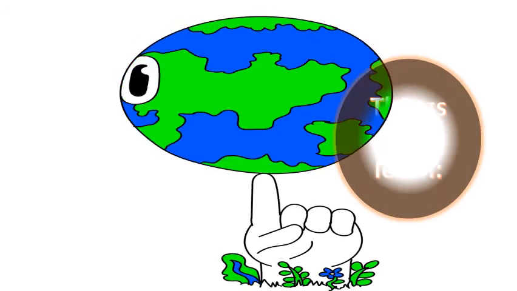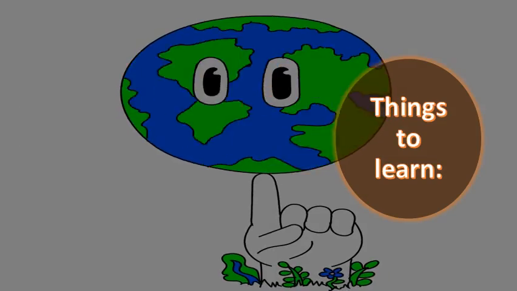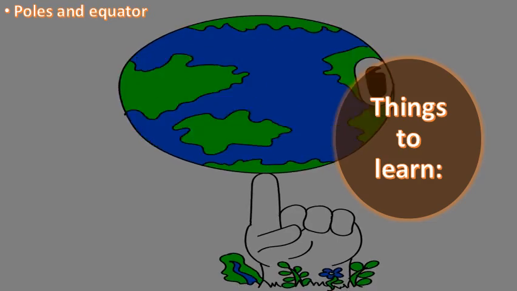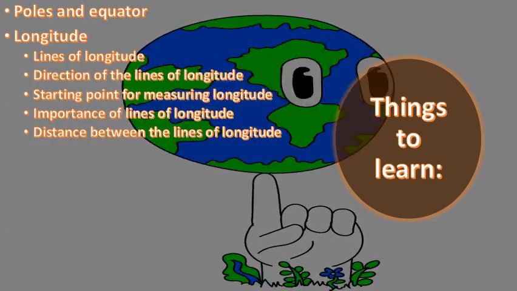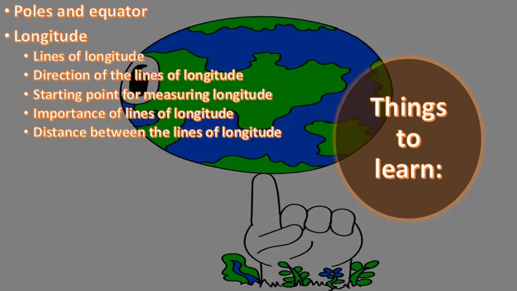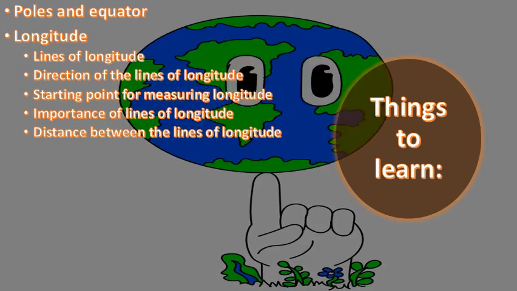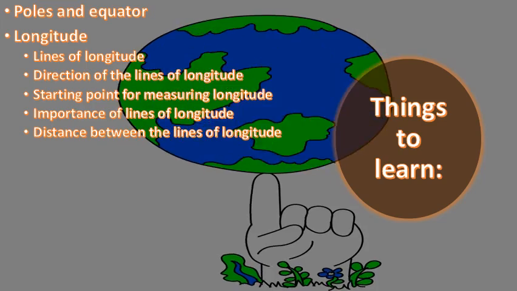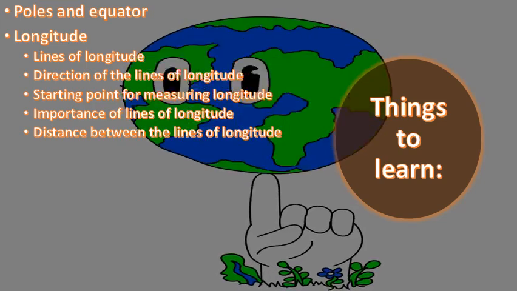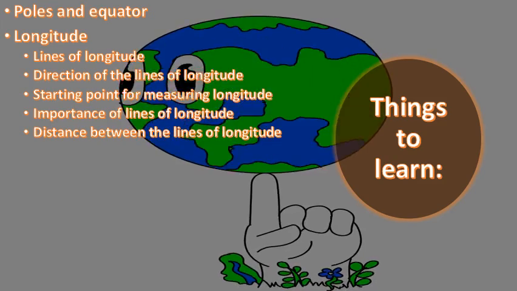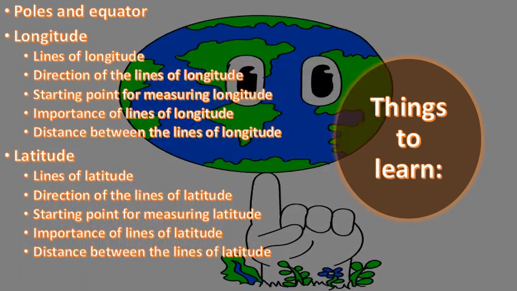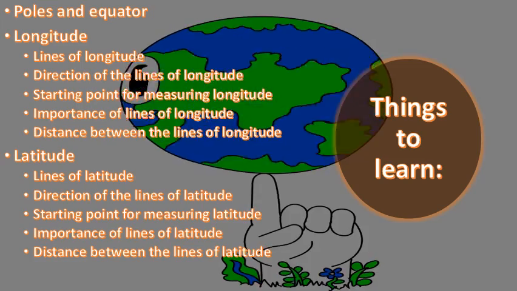Students, here are the things which are included in this chapter, and these are poles and equator, longitude. Longitude is a heading in which subheadings would be lines of longitude, direction of lines of longitude, starting point for measuring the longitude, importance of lines of longitude, distance between the lines of longitude. Afterwards, we would learn about the latitude.